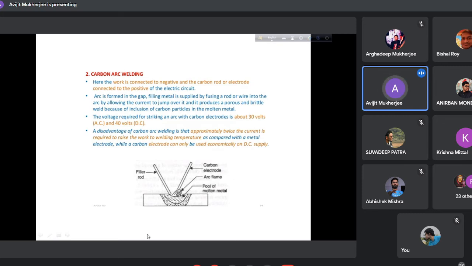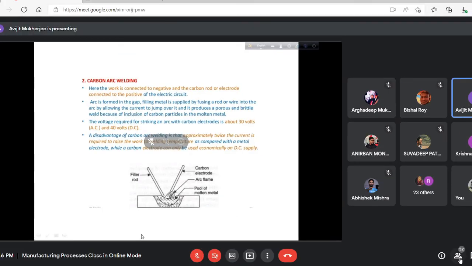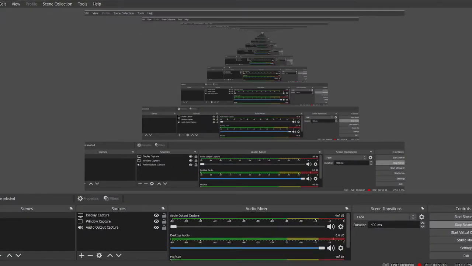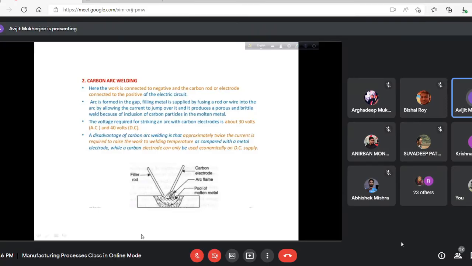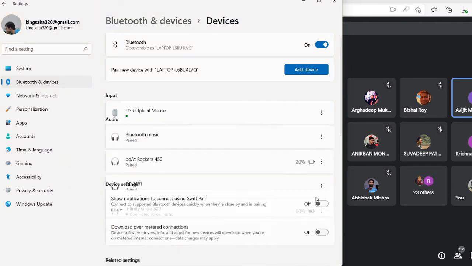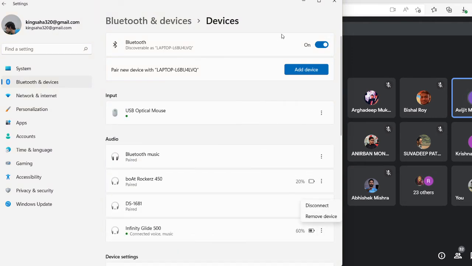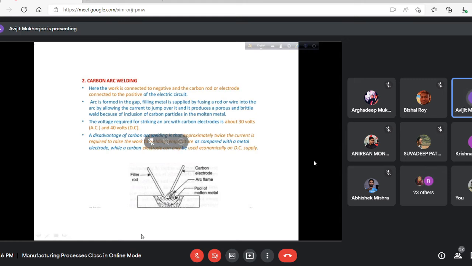Either AC or DC, and the advantages and limitations of AC and DC sources, the polarity concept, DCEP, DCEN, various welding positions, and how the arc is established between electrodes, that is, electron theory, arc column theory. Electron theory is more powerful.